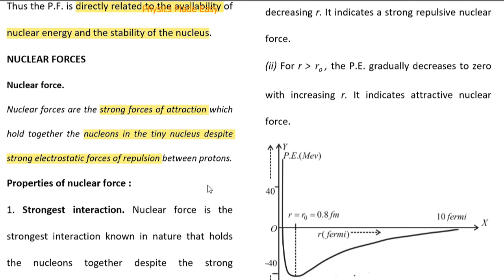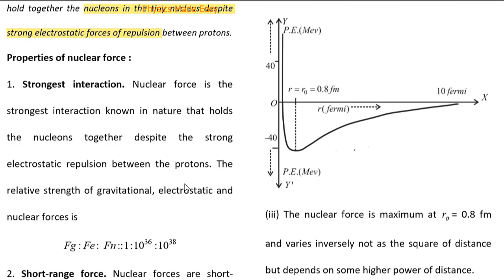They are short range, but due to their strength, they are able to overcome, for a distance of up to 10 Fermi, the long range electrostatic forces. Properties of nuclear forces.